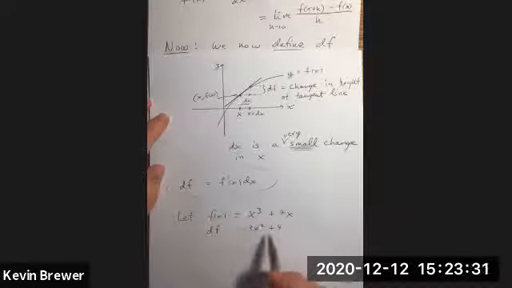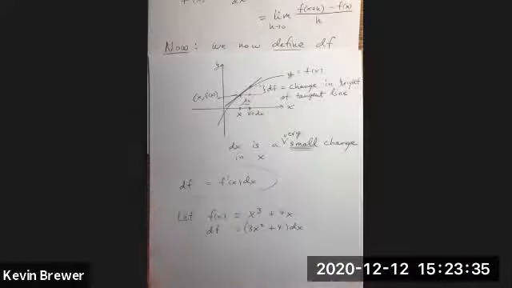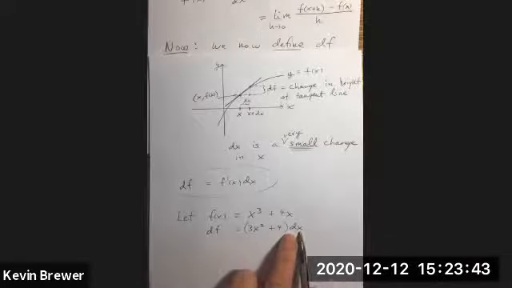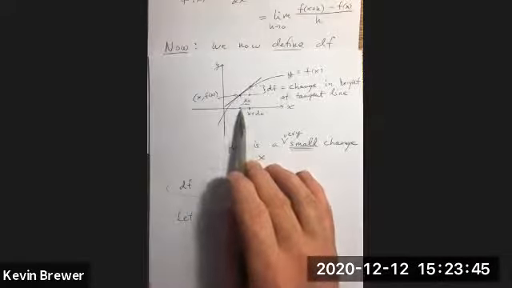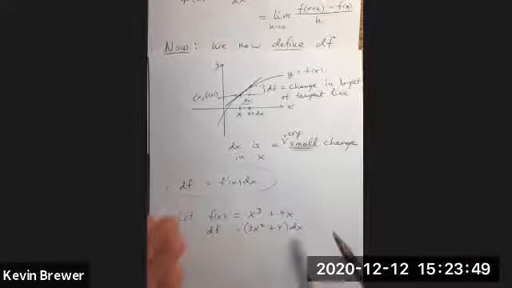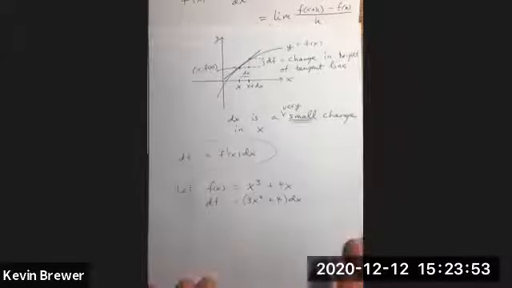So if I'm going to multiply this by dx, I need to put it in parentheses and say dx. I haven't specified either the value of x that we're starting at, nor have I specified how far we change in the x-axis there. But just in general, this is what the differential of f is for this function.